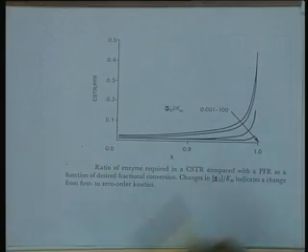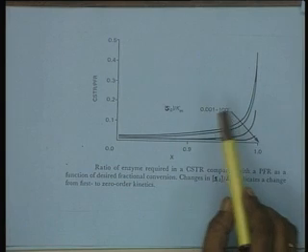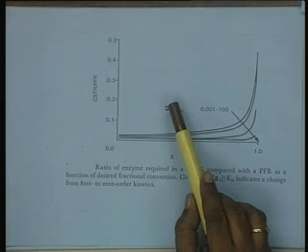Now, a typical profile for the relative quantity required is shown here. As you notice, it again signifies the same thing. There are two things to be looked at. One is the relative quantity of substrate to Km.